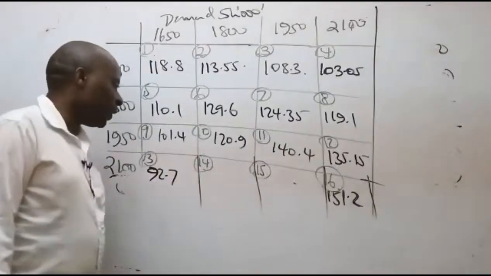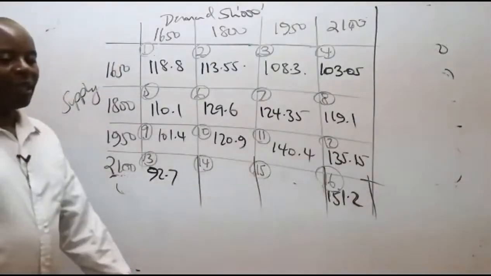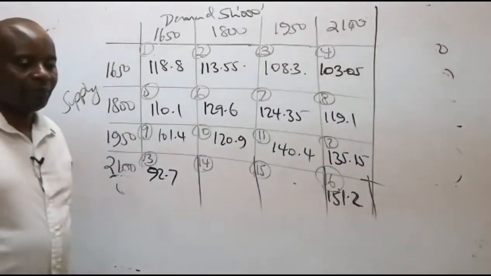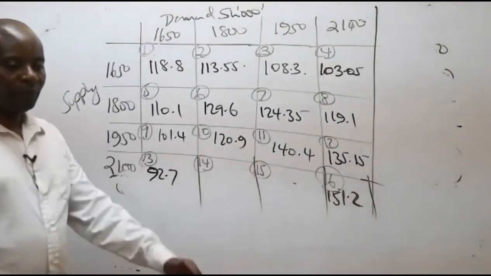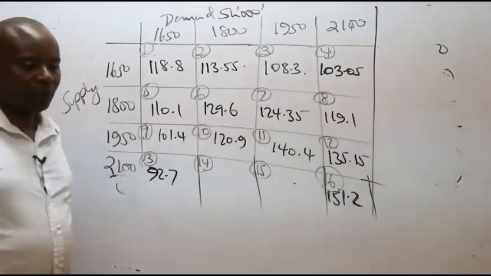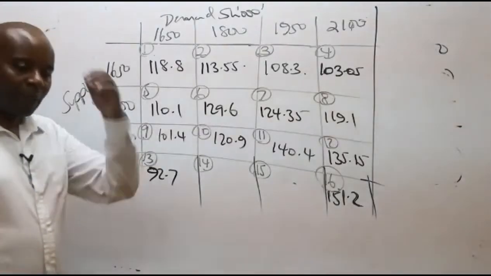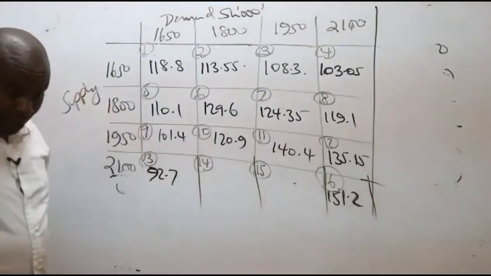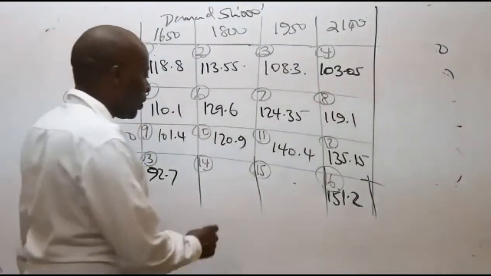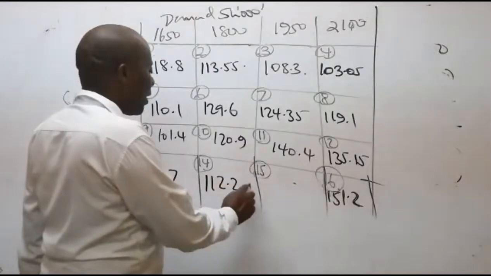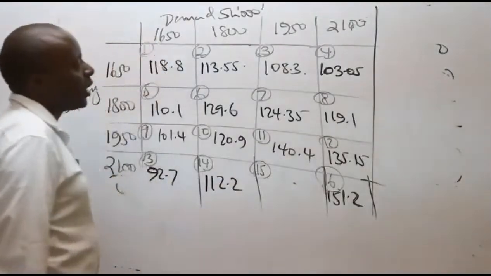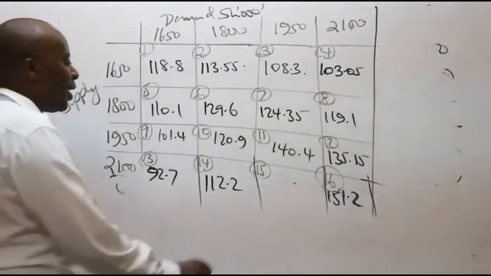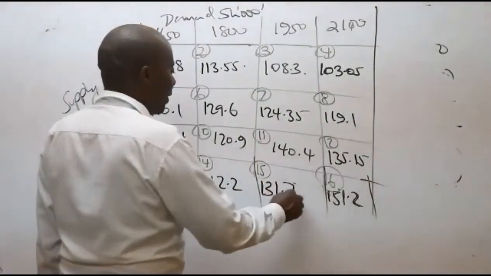So number 14, please keep on trying. Lokai gives me 112.2. The last one, cell number 15, 131.7, ladies and gentlemen.